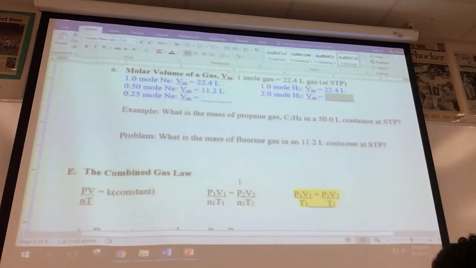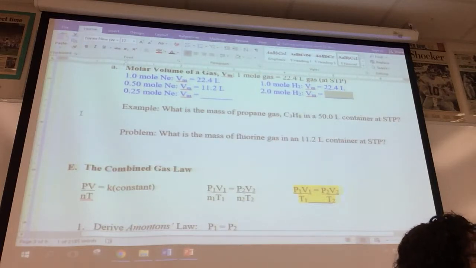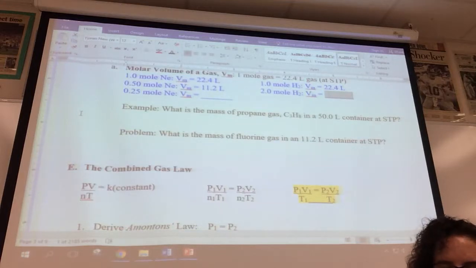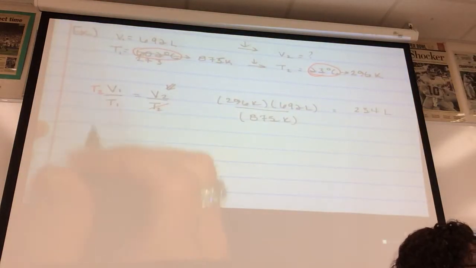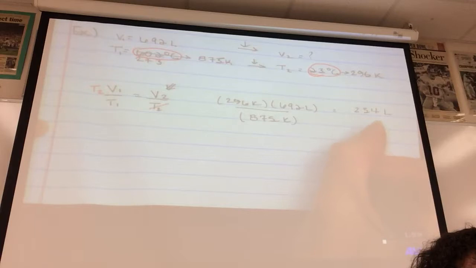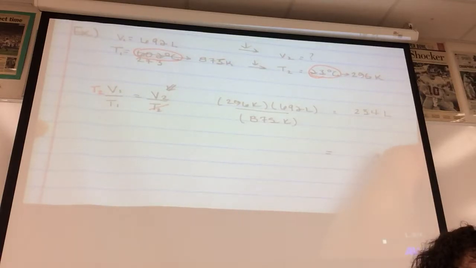Okay. In this first example, it says, what is the mass of propane gas in a 50-liter container at STP? Let's figure out how to approach this together. The problem will be yours. We want to know the mass of propane, so we're looking for the mass of propane.